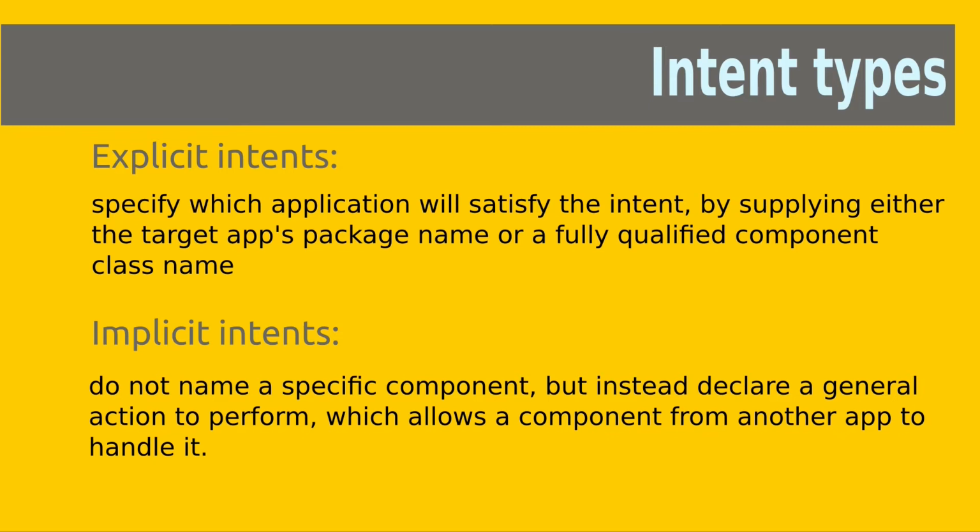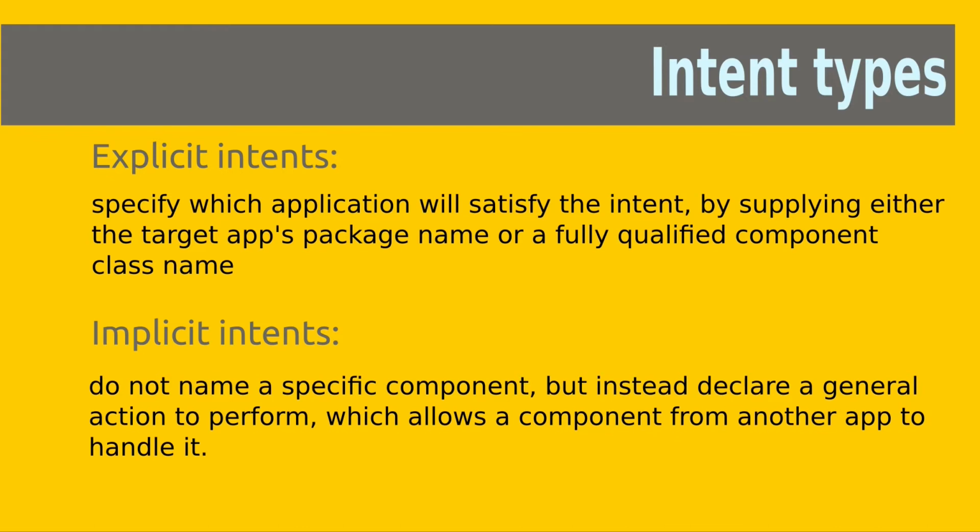For example, if you are having an app like a gallery app where a user wants to share a picture on a social media platform, you don't know which social media app the user is going to share with. So what you will be doing is using a generic intent action and sending that intent to the Android system.